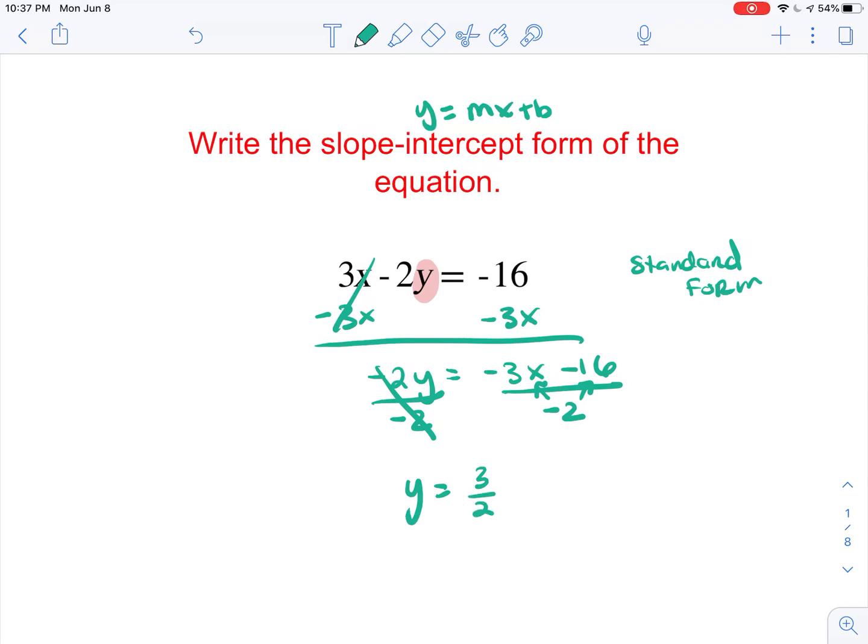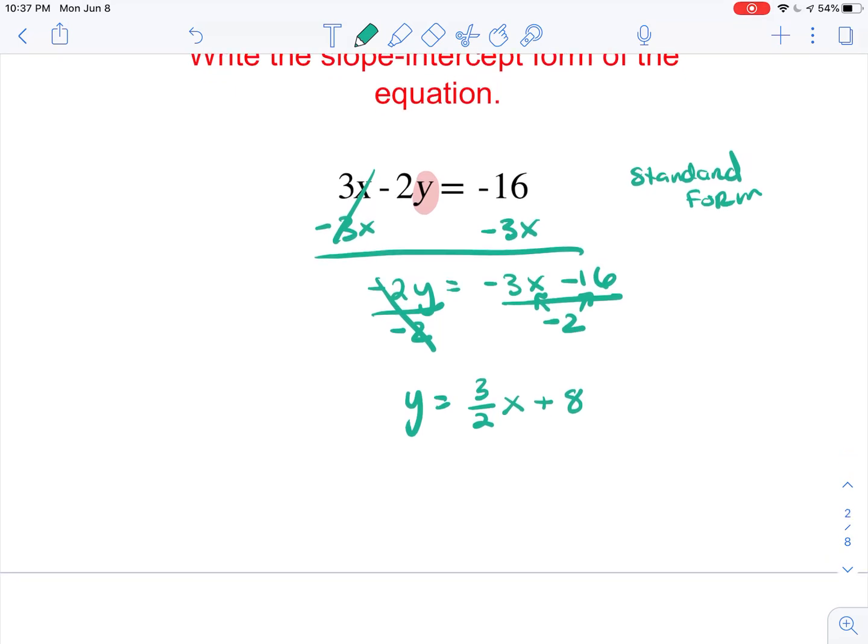So negative 3x divided by negative 2, the negatives cancel out and we get a coefficient of 3 over 2 on x. When I take the negative 16 and divide it by a negative 2, we're lucky that it works out to a nice number. The negatives cancel out to be positive, and we get 8 as the result.